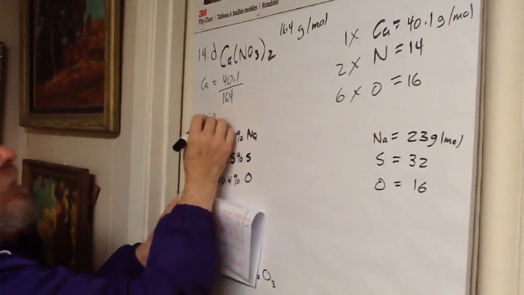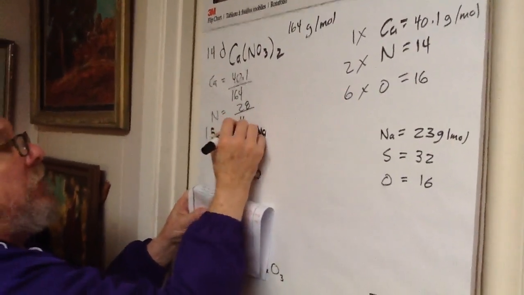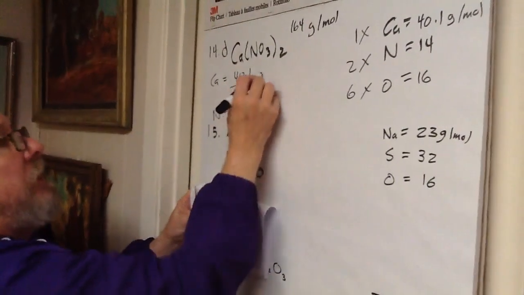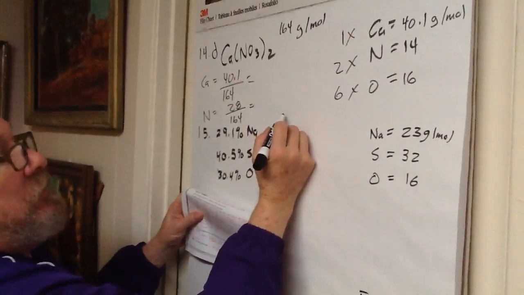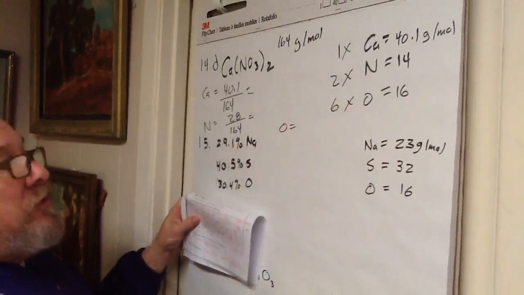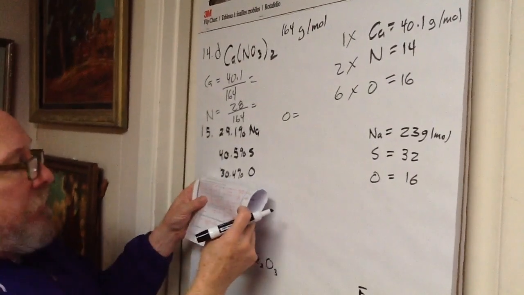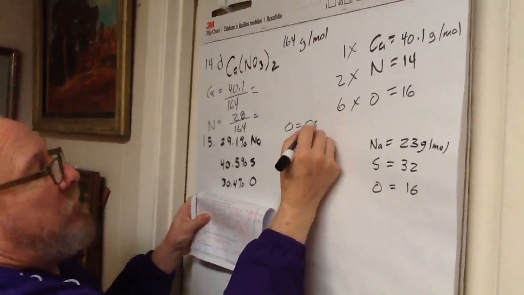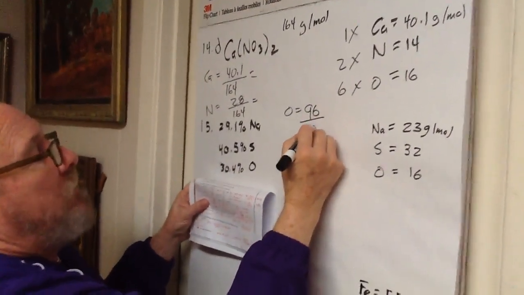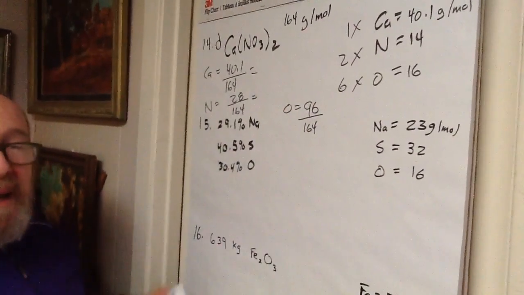The nitrogen, there's 2 of them, so that would be 28. 2 times 14 divided by 164.1. And I'm going to do the oxygen over here. The oxygen is equal to 6 times 16, which is 96, divided by 164 grams per mole. The grams per mole cancel.